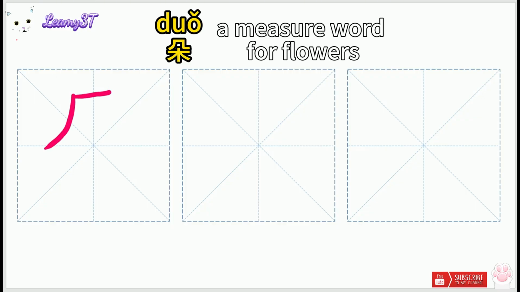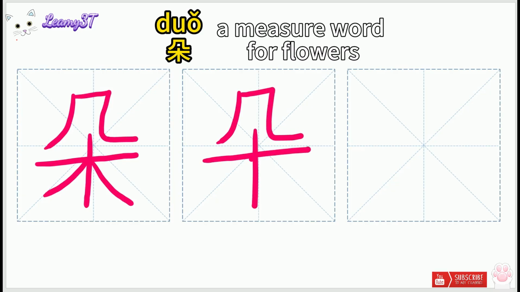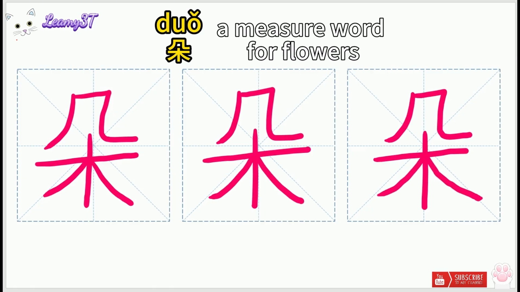Remember, the bottom part is like a plate holding the top one, so never write it like this.